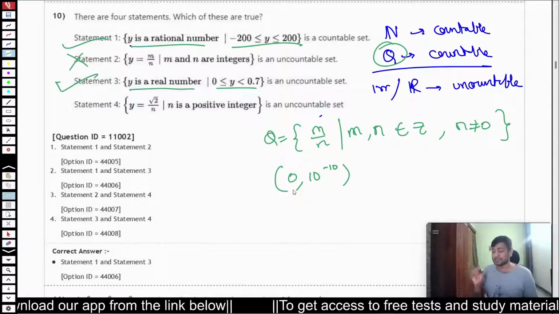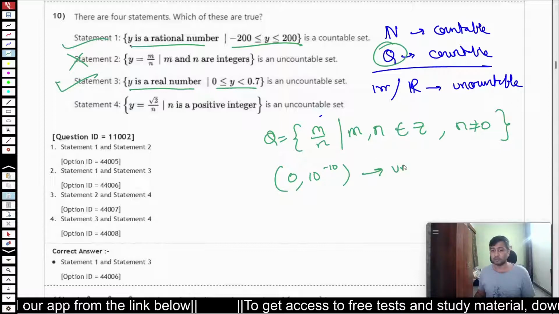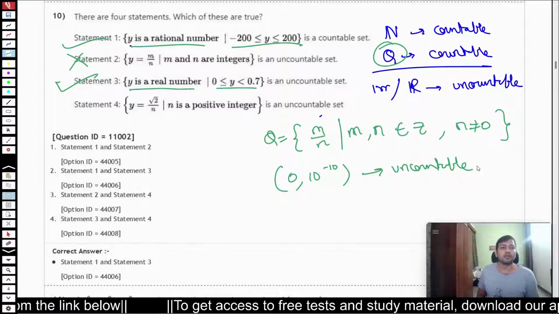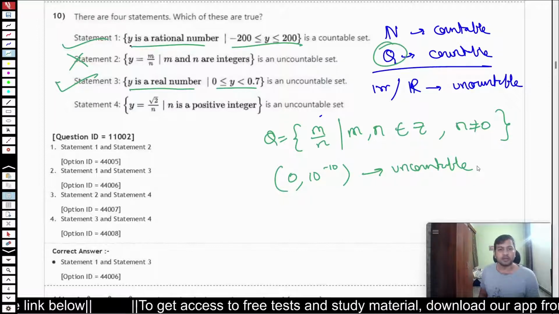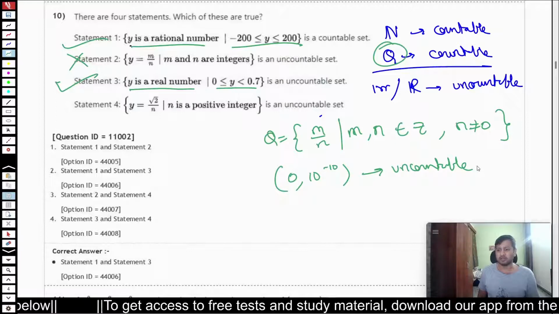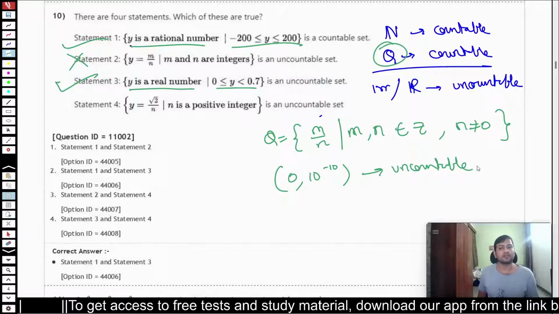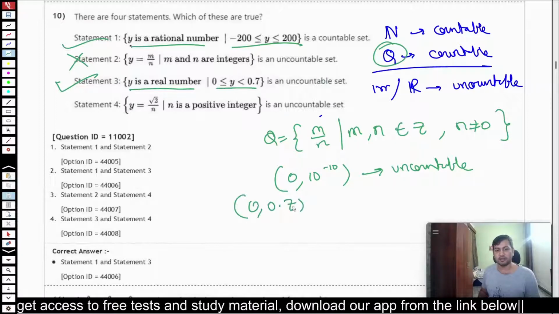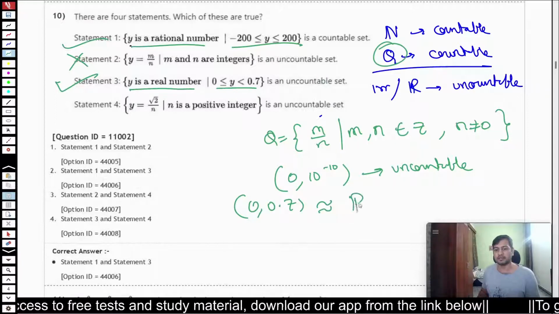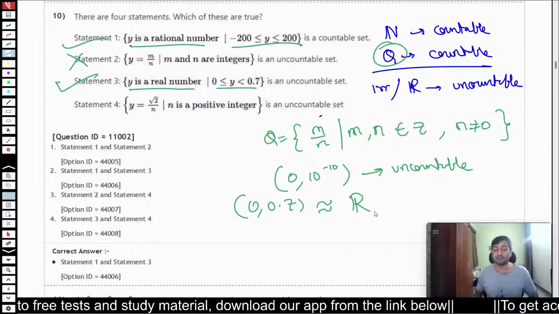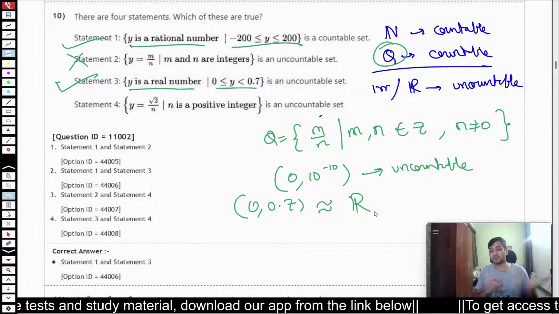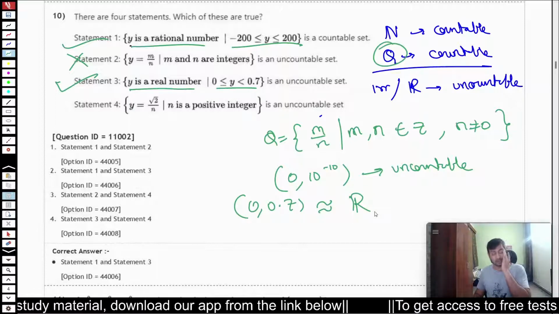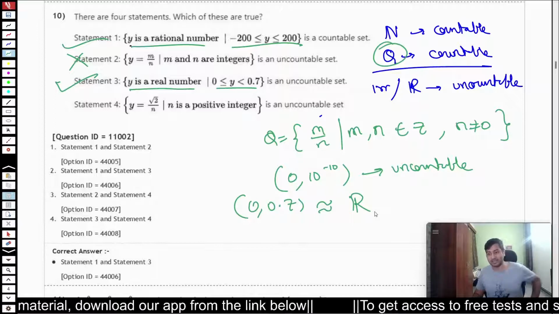Even if you take such a small subset, it is still uncountable. ठीक है. क्योंकि countability का फंडा is not related to how large the set is. In fact, this set 0 से 0.7 has the same cardinality as the set of real numbers. You can define a 1-to-1 function going from 0 to 0.7 से लेके R. So that's why the two sets have the same cardinality.